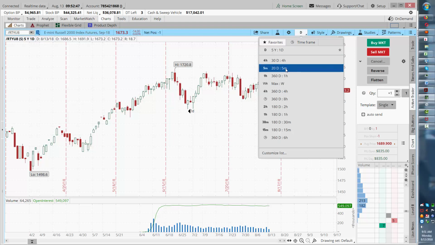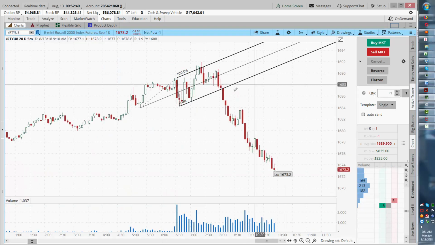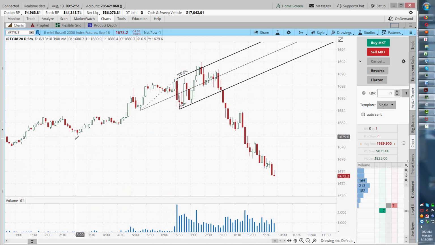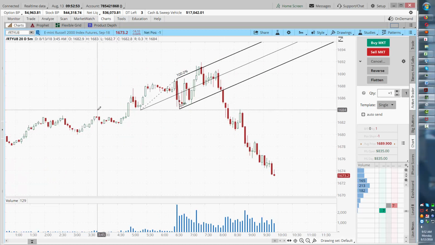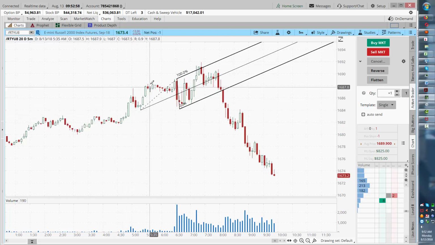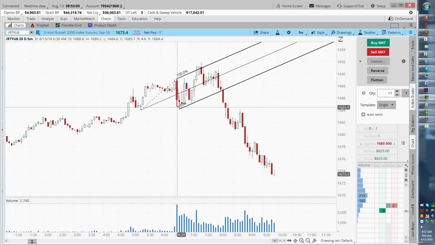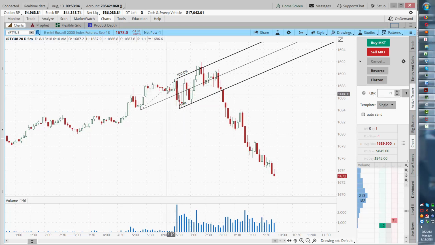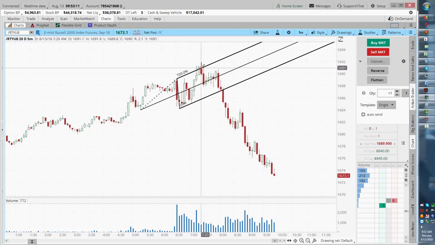Let's look at a 5-minute chart of this. We can see here that we went up, down, now up, down, and notice that this low here was lower than this one. If this goes and makes a new high, then we have an EP.